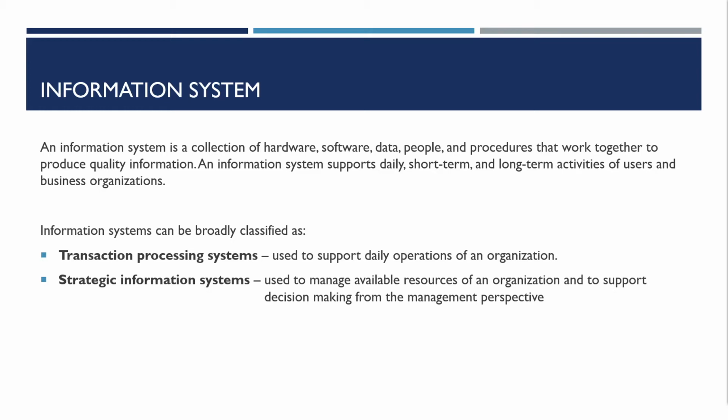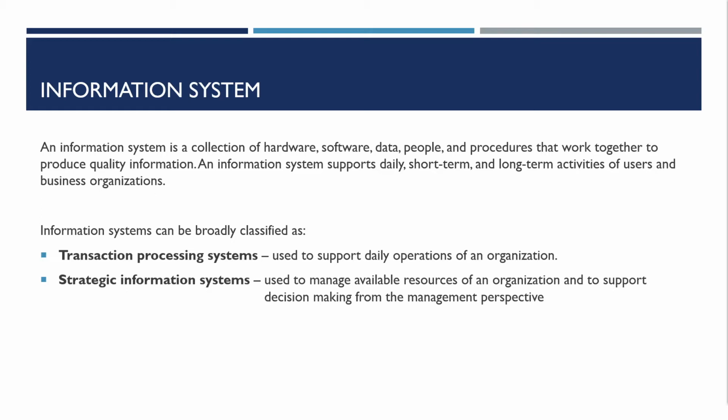Okay, so as you know, organizations use information systems to organize their data and process the information of their business or company. So what is an information system, by the way?